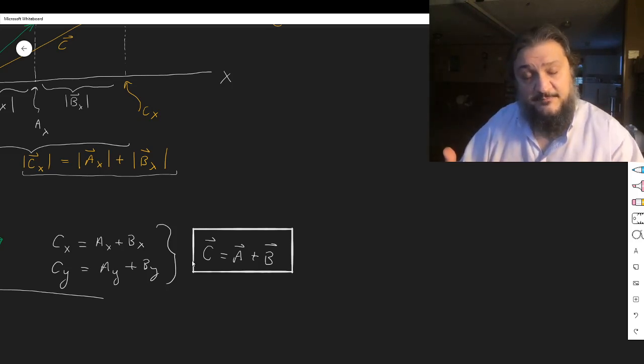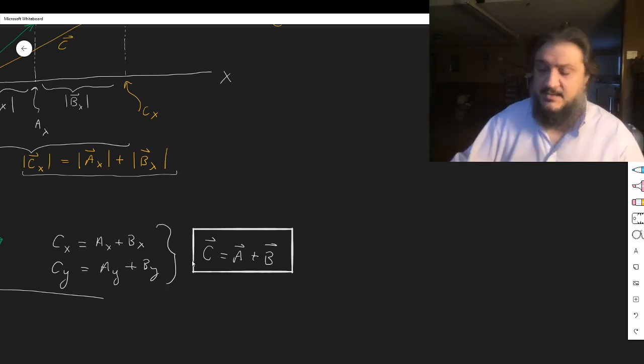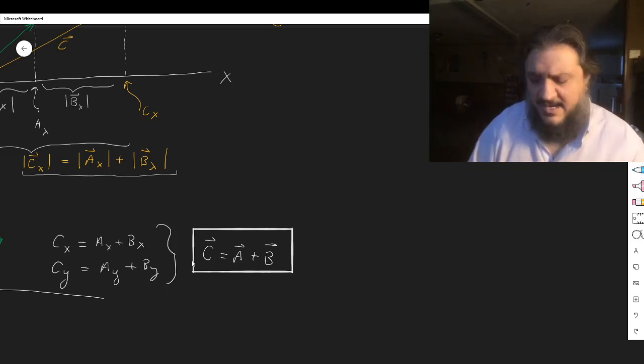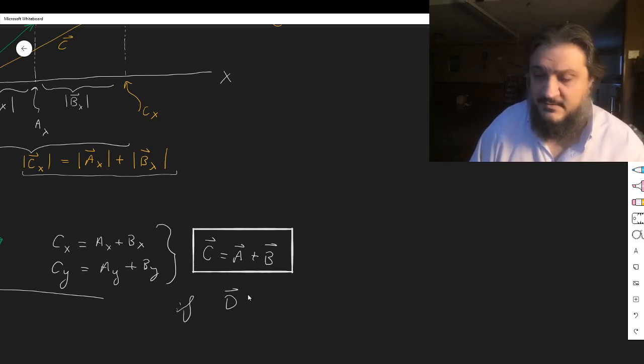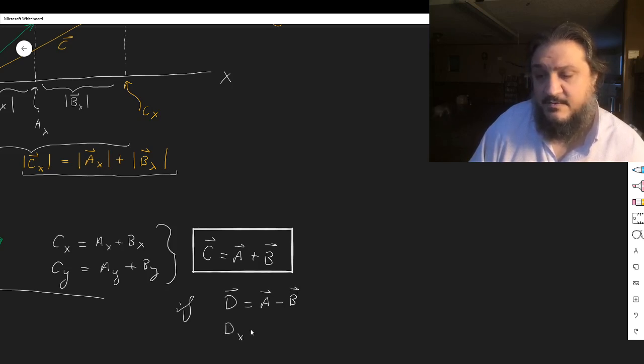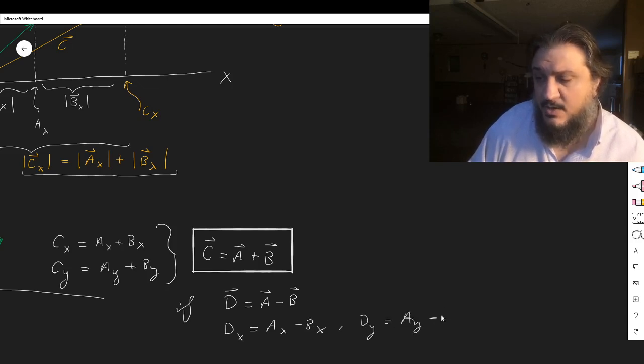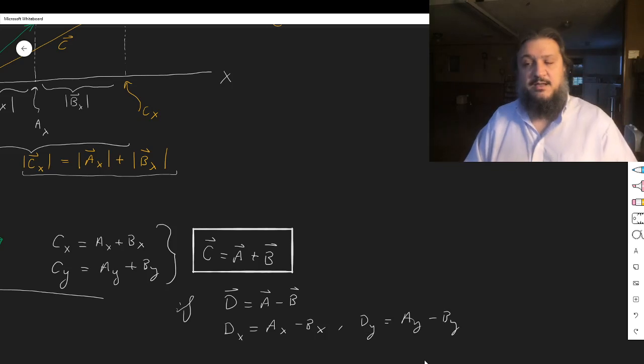Because when you write them in terms of the components, you add or subtract. If you have a third vector, a fourth vector, d, which is a minus b, then the components of that vector can be written as ax minus bx, and dy, the y component, is ay minus by. Okay?